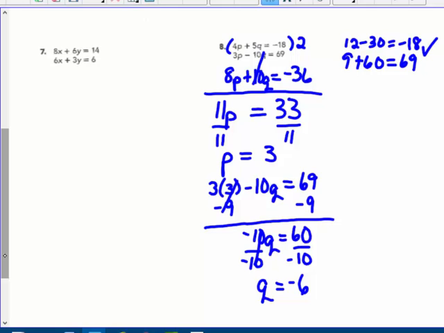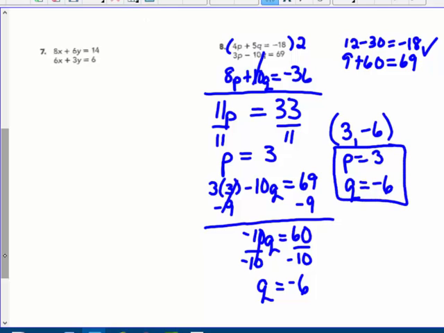So it checks in both equations, so my answer is 3, negative 6, or I could write it out as p equals 3 and q equals negative 6. The unique solution to this system of equations.